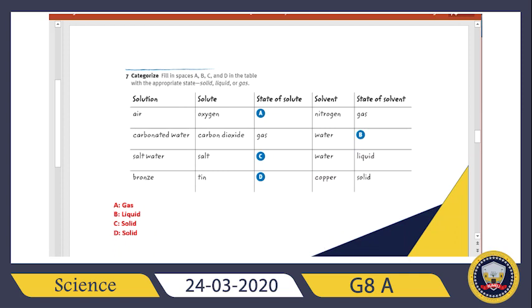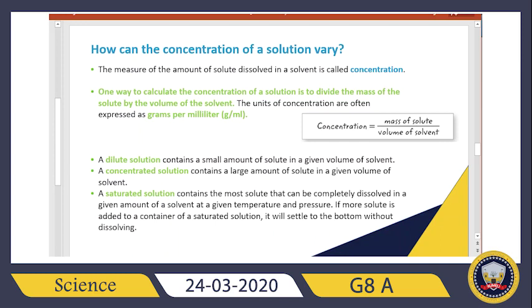So what else? We need to learn about concentration when we are talking about solutions, which is a really important thing. Concentration is basically calculated by this formula. If you are trying to understand the concentration of a solution, you divide the mass of the solute by the volume of the solvent.